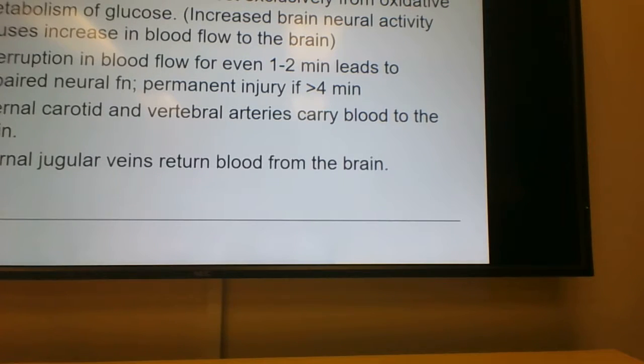And so, how does blood get carried to the brain? It's through the internal carotid and other arteries. Carotid arteries carry blood to the brain.